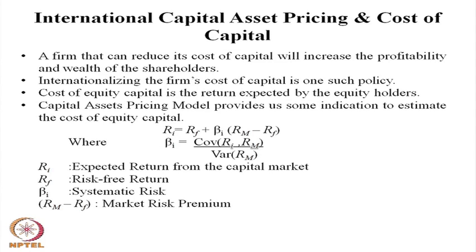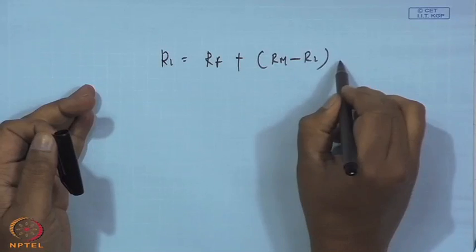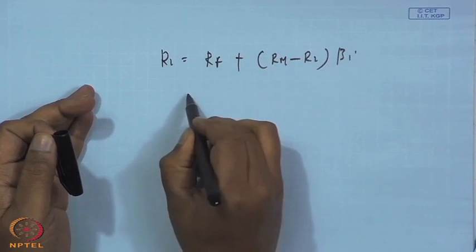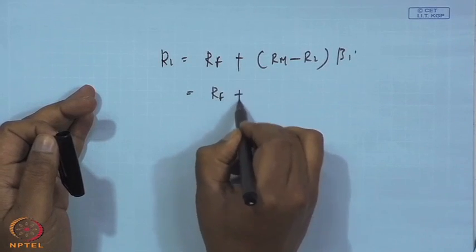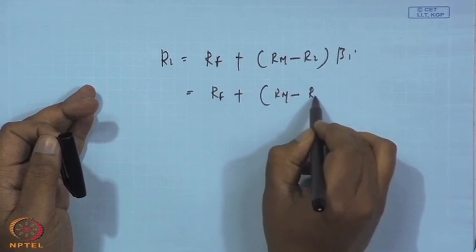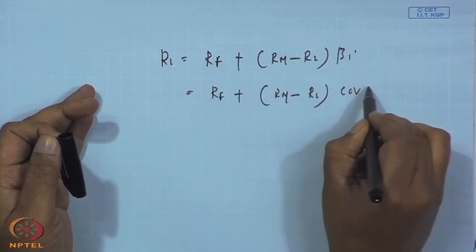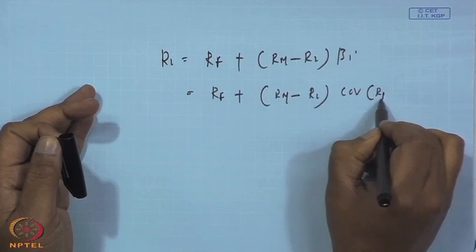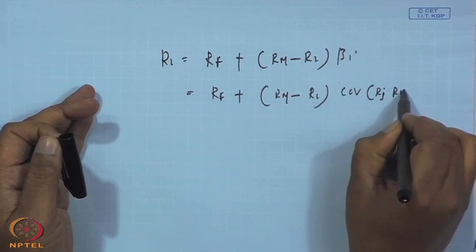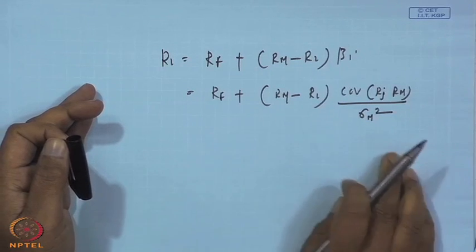The return RI equals the risk free return RF plus the market return minus the risk free return, multiplied by the beta of I, where beta is the covariance of equity and market divided by the market variance, the market risk.